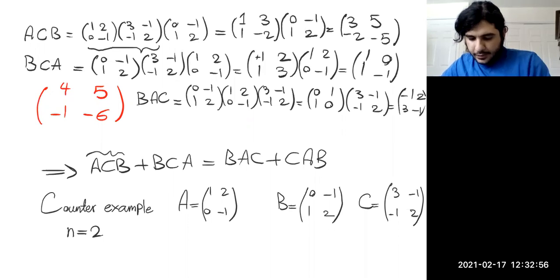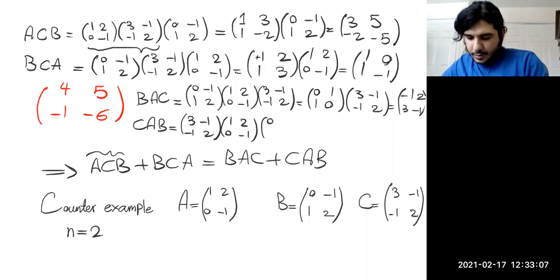And then we have CAB, which is equal to 3, minus 1, minus 1, 2, times 1, 2, 0, minus 1, times 0, minus 1, 1, 2. The multiplication of first two matrices is 3, 6 plus 1 is 7, minus 1, and minus 2, minus 2, minus 4.